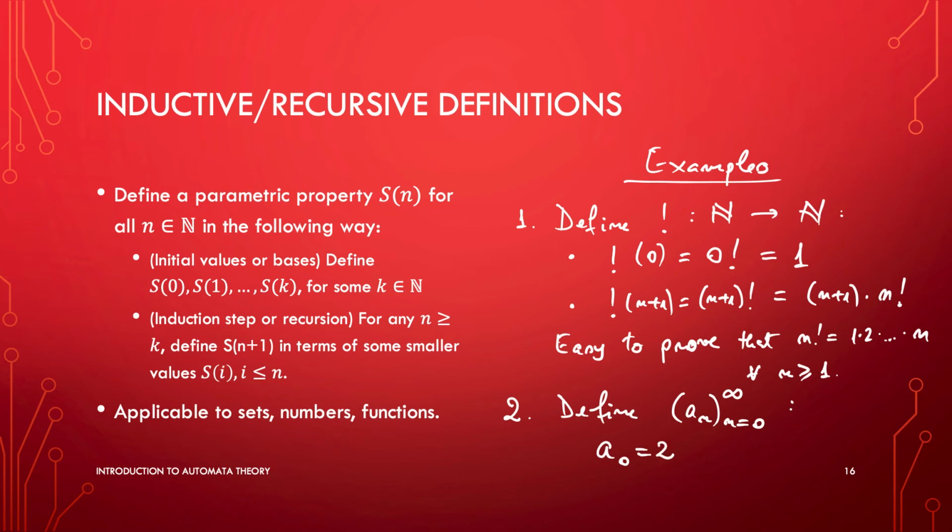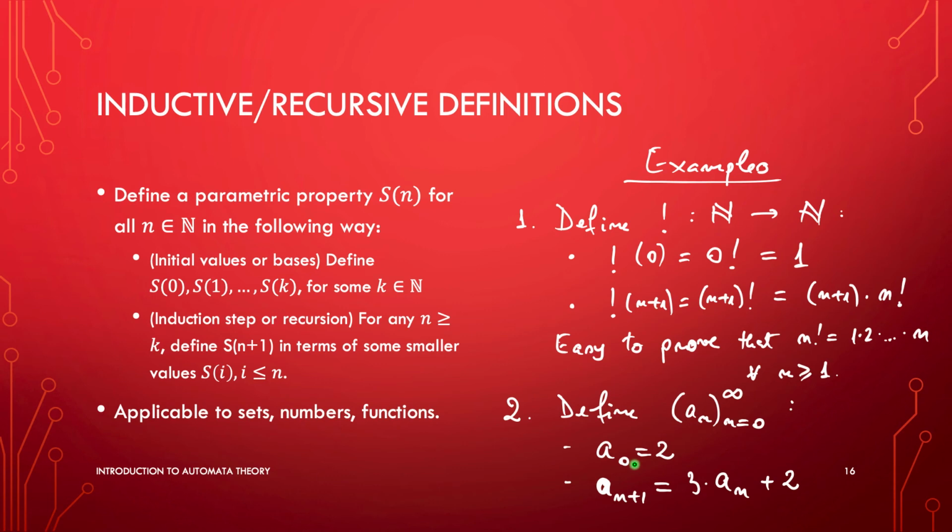So a_0 is 2, and all the other numbers, a_(n+1), is going to be 3 times whatever the predecessor was, plus 2. So again, these are good definitions. It's in the same spirit of having a recursive definition. You define the value for the (n+1)th term in terms of what the value was for the nth term in that sequence. And for this to make sense, to be well defined, you have to have the initial value defined directly. And in our case, I defined a_0 to be equal to 2.